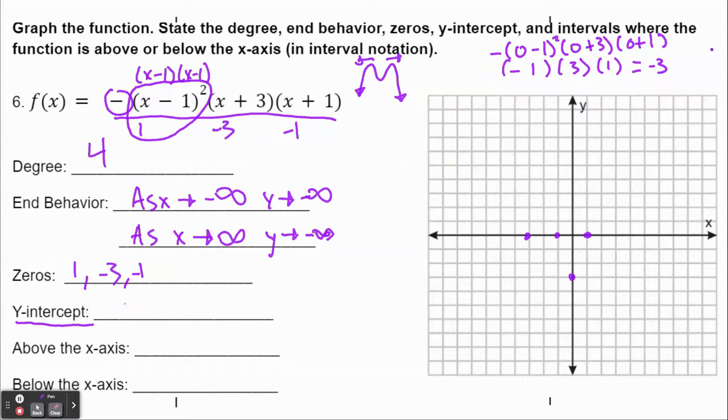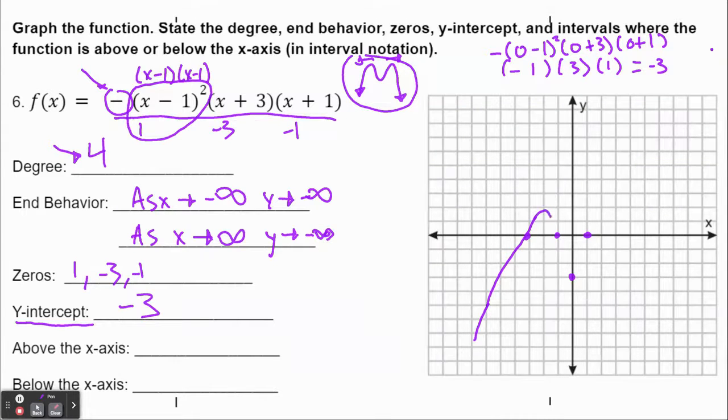So now, above the x-axis and below the x-axis, you're going to see what that means in just a second. Because I know my general shape is like an M here based off of the degree and the leading coefficient, I'm going to start at the bottom left and go up towards my first point, which is at negative 3. At negative 3, it's going to go through this point because we have x plus 3 right here.